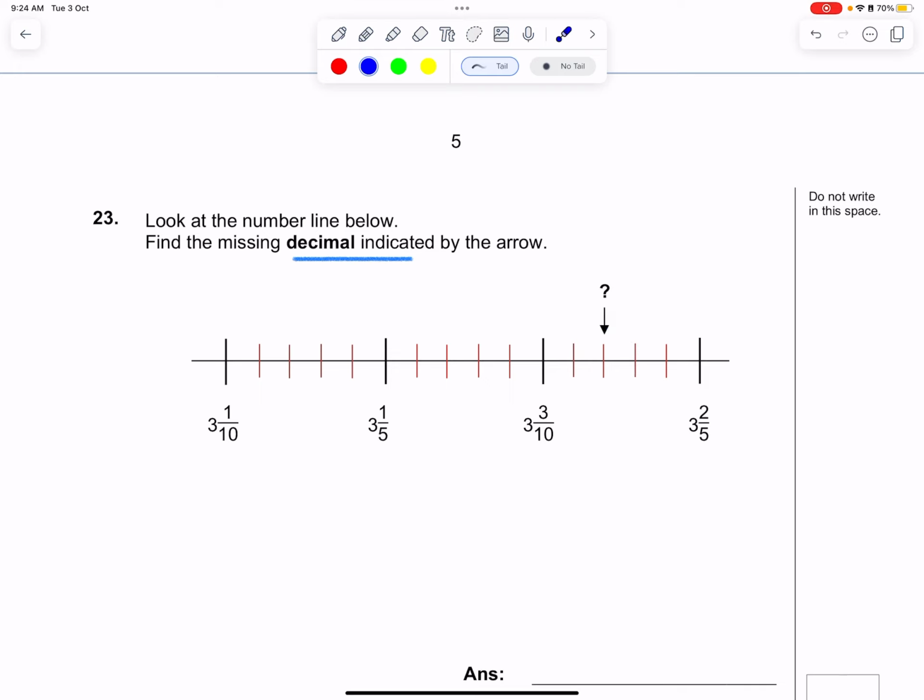So what can we do? We need to know the interval. Every interval, what is it? Over here, you would realize that this part is actually 3 point.